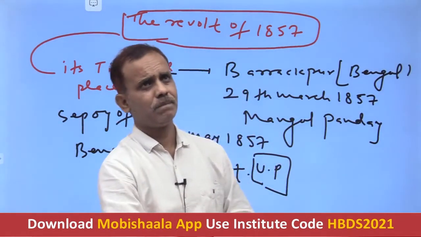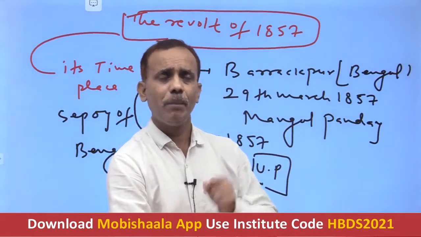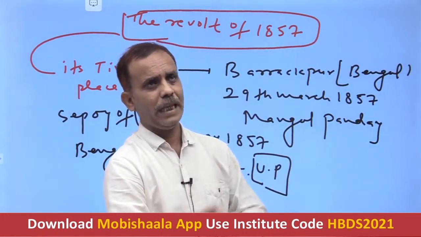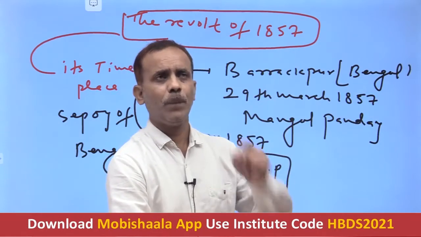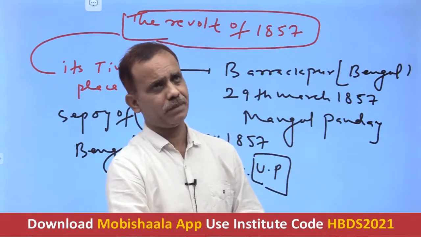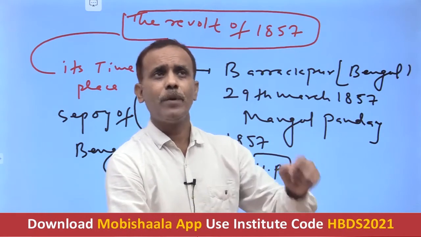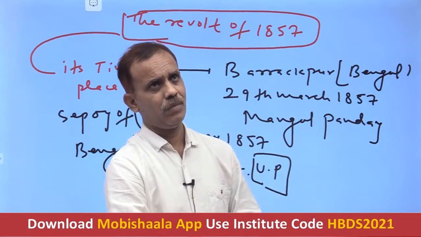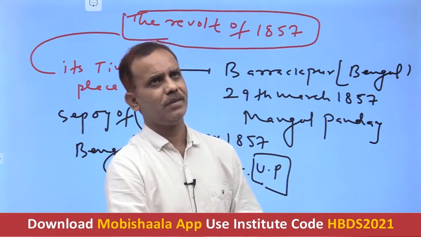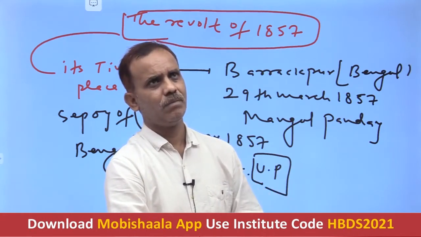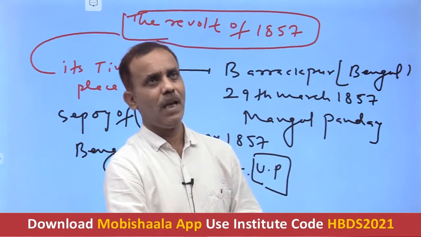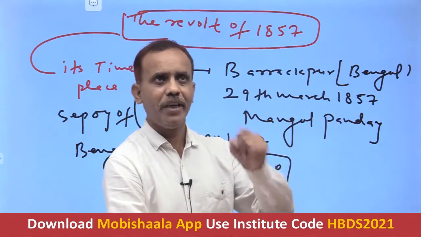And on 11th May 1857, sepoys of the Bengal Regiment came to Delhi and made Bahadur Shah Zafar, the Mughal emperor, the leader of this revolt.